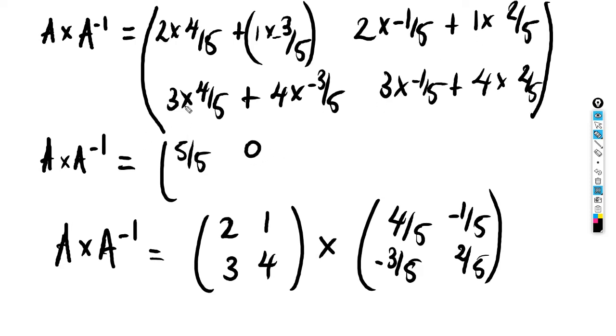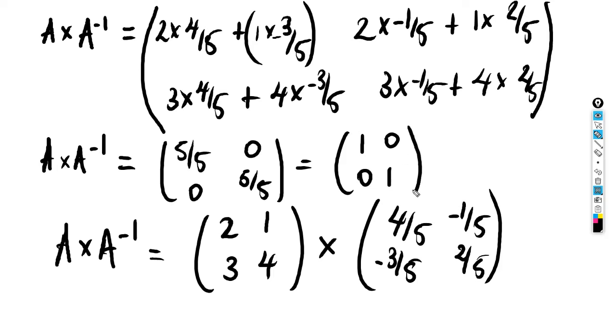Then you have 12 over 5 plus negative 12 over 5, which should give you 0 here. And then you have negative 3 over 5 plus 8 over 5, which should be 5 over 5 here. Great. So we end up getting 1, 0, 0, 1, which is the identity matrix.